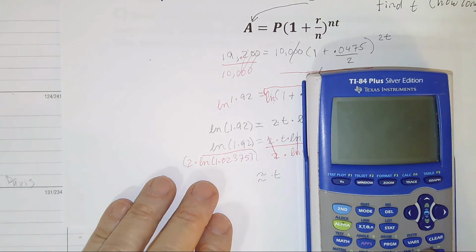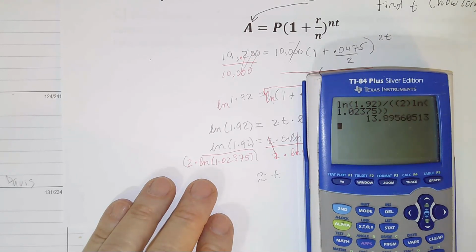So again, I'm going to type in natural log of 1.92, okay, divided by, and then parentheses, and then another parentheses, 2 times parentheses, natural log of 1.02375, close the argument, close the parentheses.